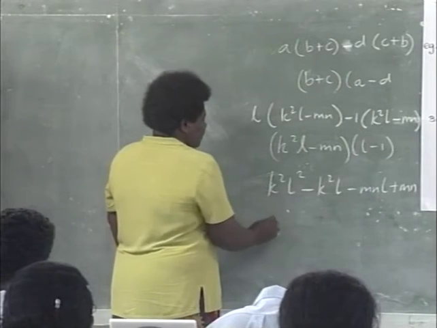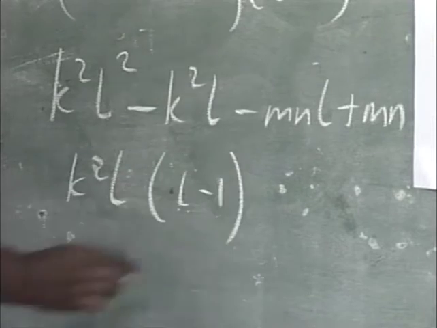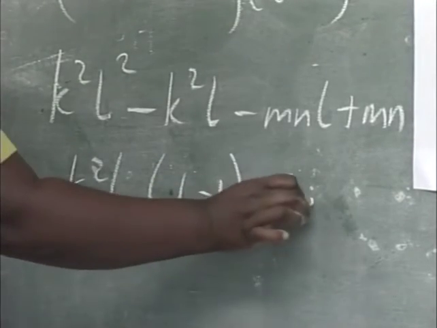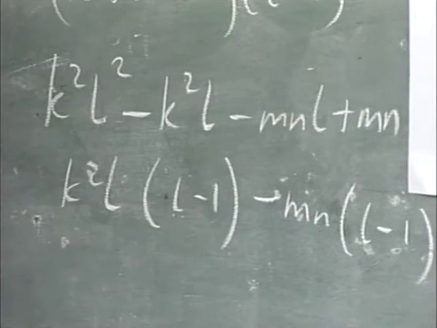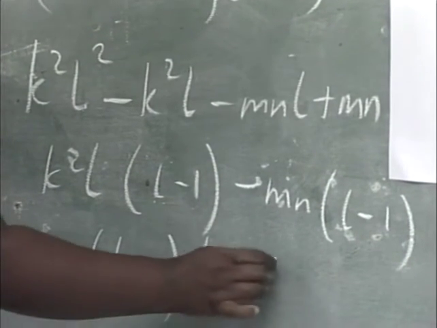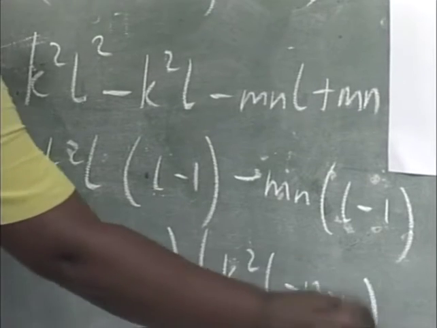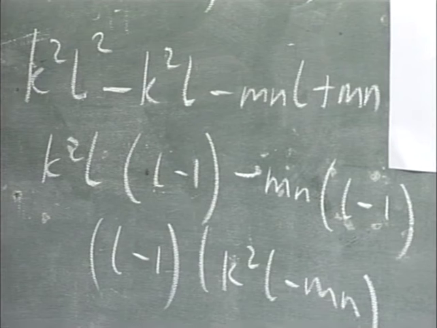This one will give us k squared L times L minus 1, and then minus mn times L minus 1, and then L minus 1 times k squared L minus mn. You still get the same answer. Is it clear? Okay, any others?